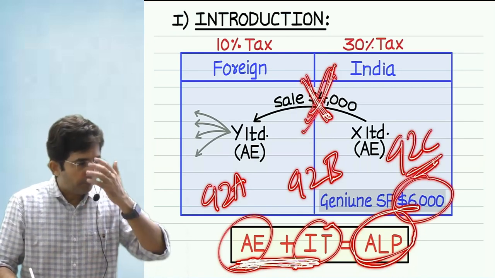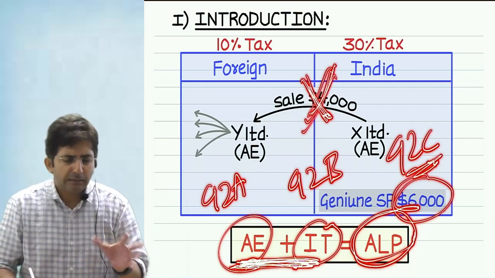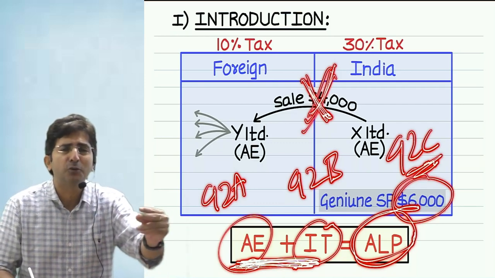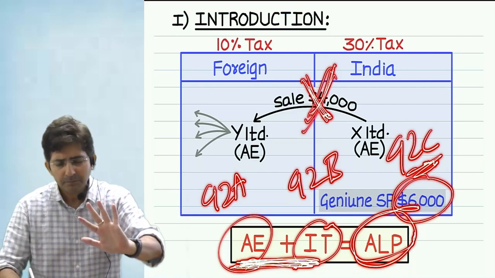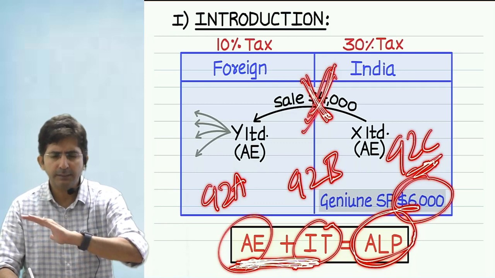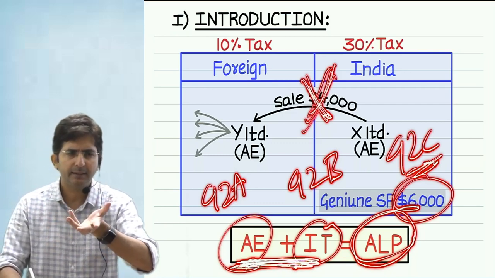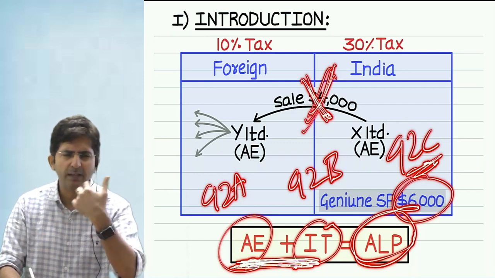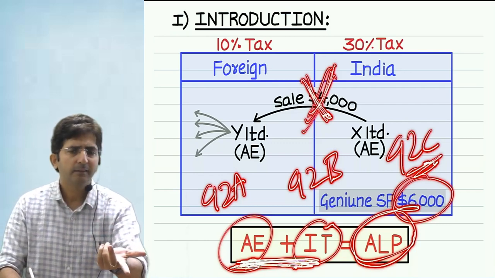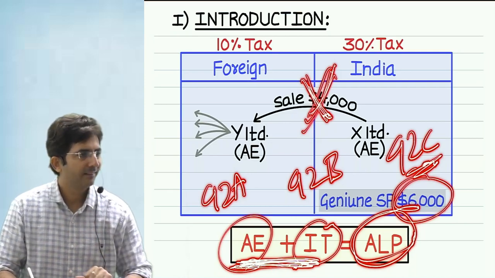And you know, the issue of arm's length price is so detailed that it is not just one section, 92C. Look at me. There is a big family: 92C, 92CA, CB, CC, CD, CE. All the C's are revolving around ALP. So at this stage, the chapter will almost get over.